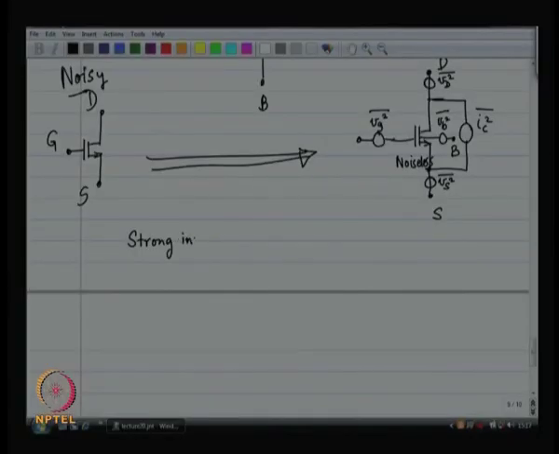It so happens that under conditions of strong inversion and saturation, only under these conditions, IC squared, mean squared noise current in the channel, is given by 8/3 kT times Gm times dF.